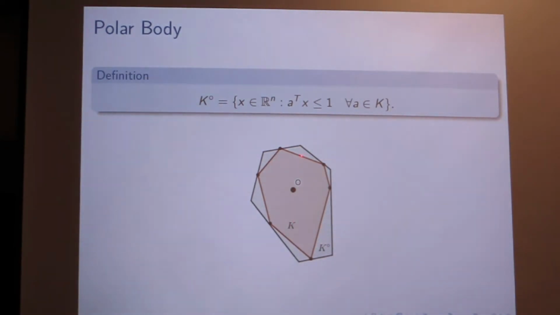But if we take something here, for example, let's say the distance from 0 to this point is a, where a is less than 1, then it will go into this point that is larger. And you see if you had a polytope, the polar body of a polytope will be another polytope.